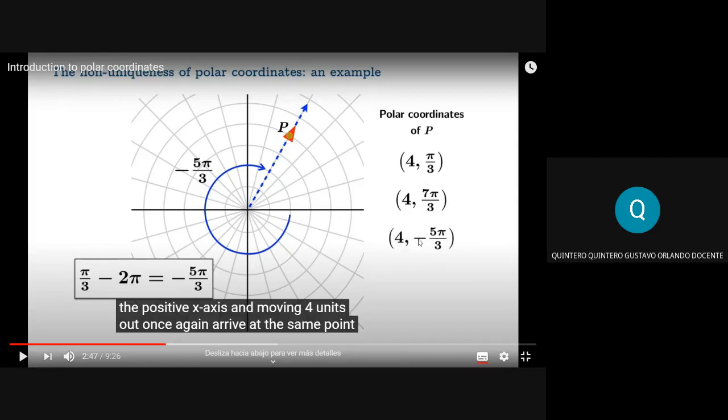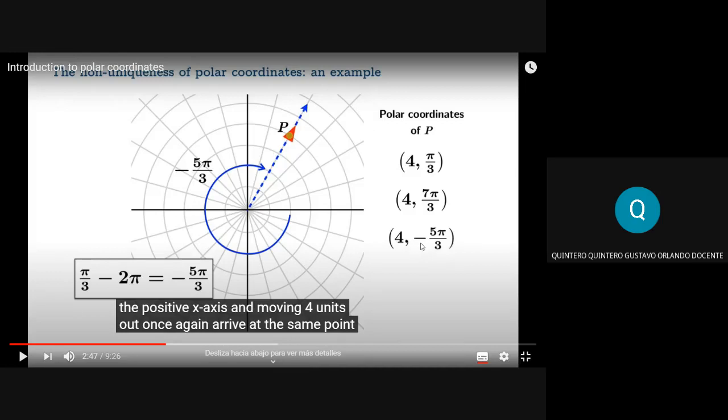Now, what do we do when we have a negative angle? Well, instead of measuring upwards, we're going to measure it downwards. That is the idea of a negative in here, all right? Write this down somewhere.